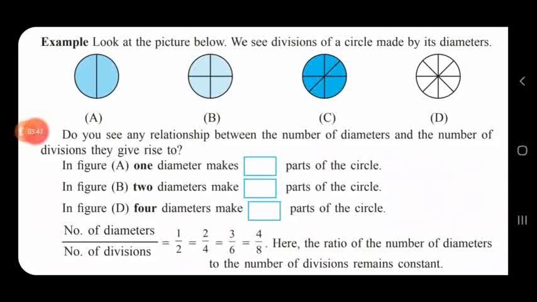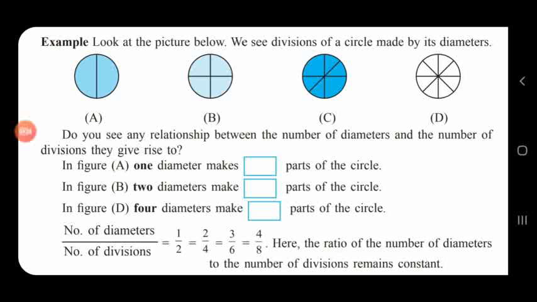Consider the second example as shown in the picture. In the first case A, only one diameter of the circle is present. Due to this one diameter, the circle is divided into two parts. Consider case B. Here diameters are 2 and the circle is divided into 4 parts. Consider case C. Their diameters are 3 and there are 6 parts seen of that circle due to the diameters.